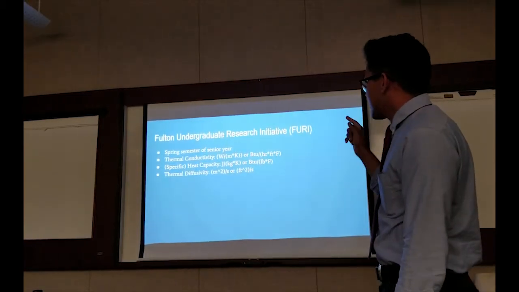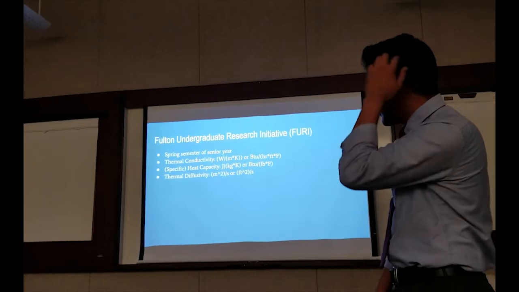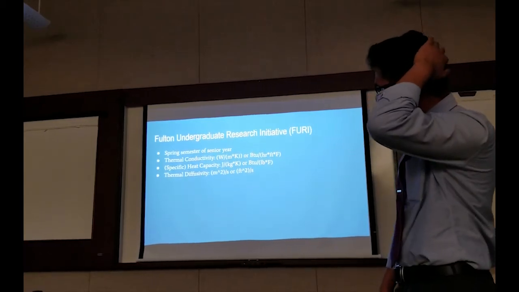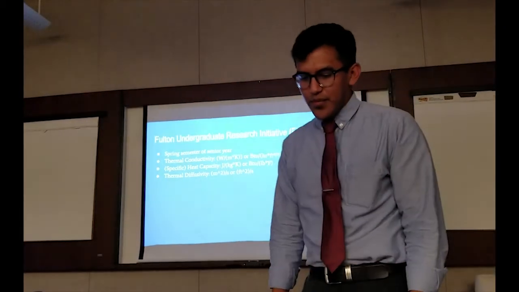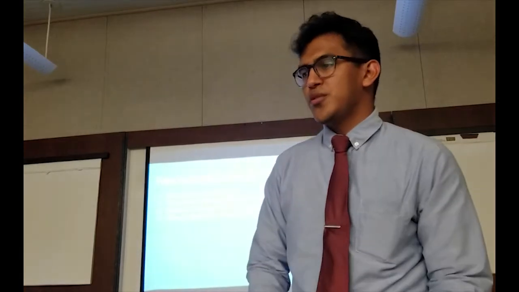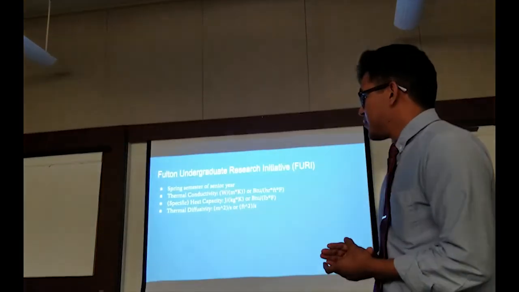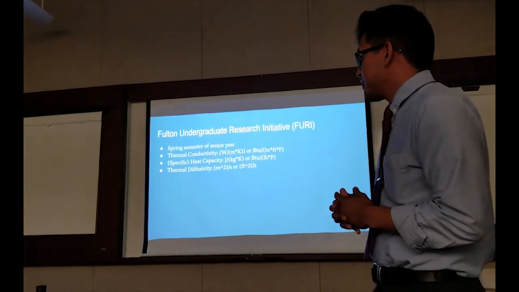So it was the spring semester of senior year, and I'm just going to go into a couple of definitions here so that we're all on the same page. The whole point of this research was figuring out how I wanted to address this, which variables were worth pursuing and which ones I could actually produce results with.